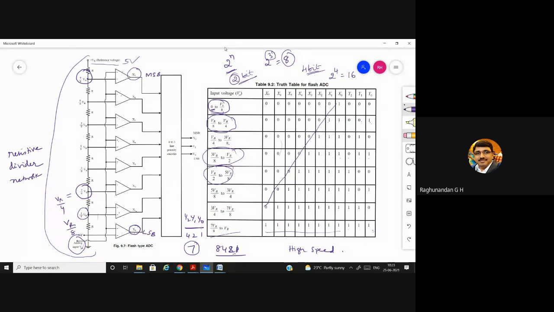The successive approximation type ADC has a 4-bit successive approximation register, which we call in short SAR, a 4-bit latch, a 4-bit DAC, and one comparator. So totally 4 components we have. In the successive approximation type ADC, it is going to compare the previous value with the present value and give the output. That's why it is known as successive approximation.